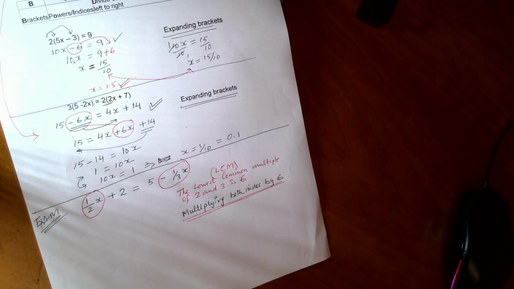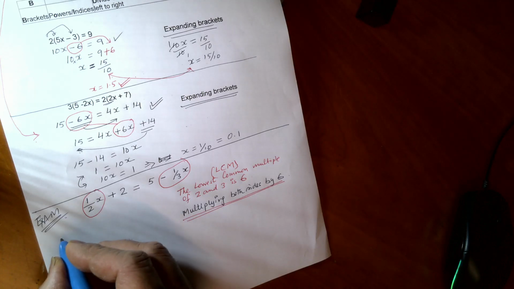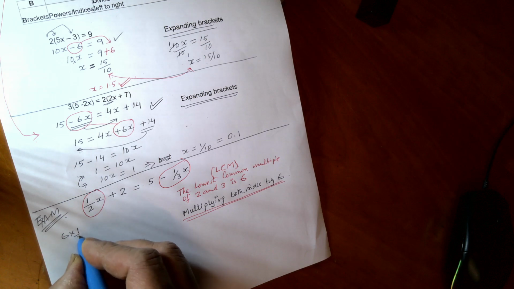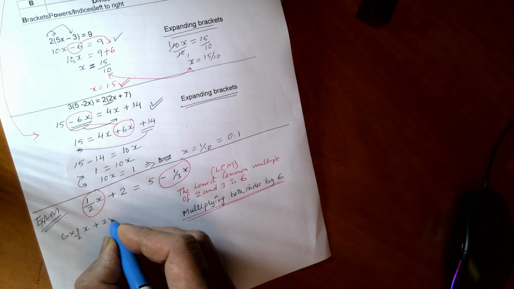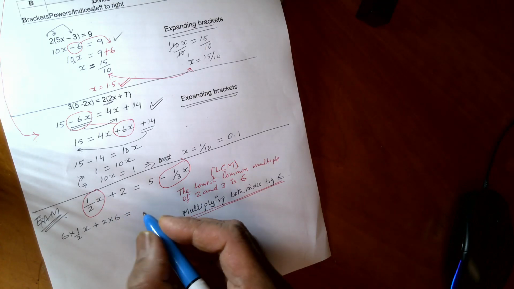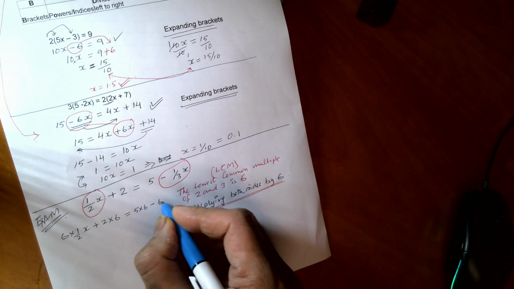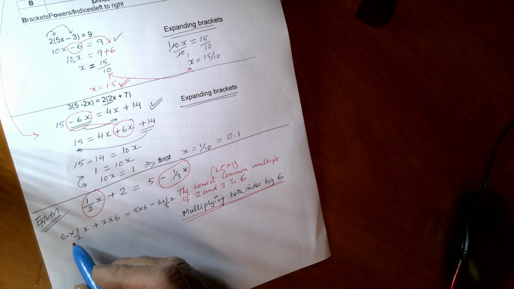So what we will do now, we multiply both sides with 6. So 6 here. Let's try this first. Right.